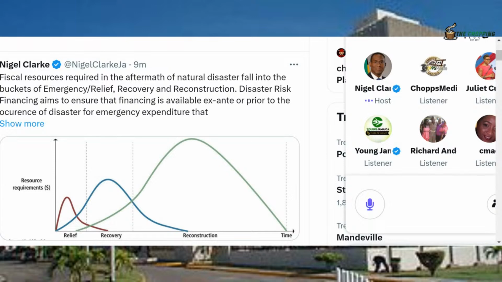I want to give you a couple of things to illustrate cat bond triggers. In the modeling of the cat bond, it would have been back-tested against hurricanes that have passed Jamaica, and we'd want to be sure that it would have been triggered by certain hurricanes that were particularly problematic for us. I'll just give you a few examples.